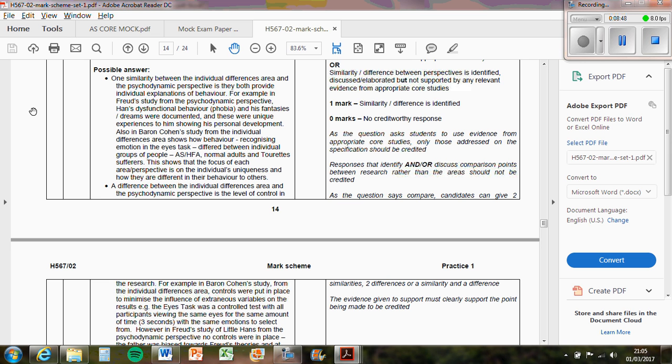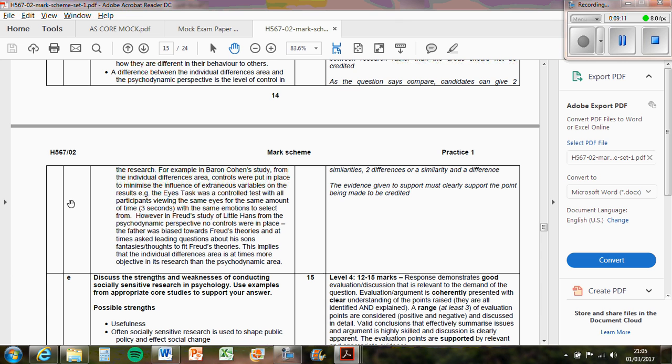Also Baron Cohen's study from the individual differences area shows how behaviour, recognising emotions in the eyes task, differed between groups of people. This shows the focus of each perspective is on the individual's uniqueness and how they are different in their behaviour to others. Bear in mind, we haven't learnt about the psychodynamic perspective yet, but Freud is in there as well as in the individual differences approach, because both of them can explain the behaviour, so don't worry about that too much.